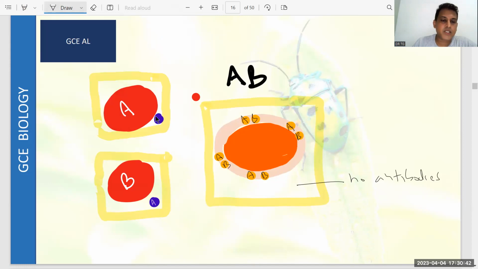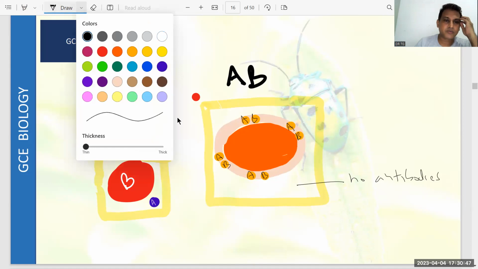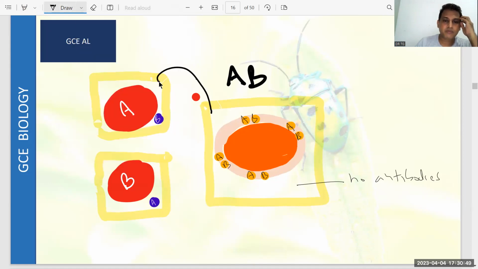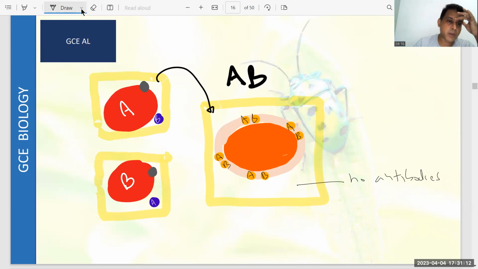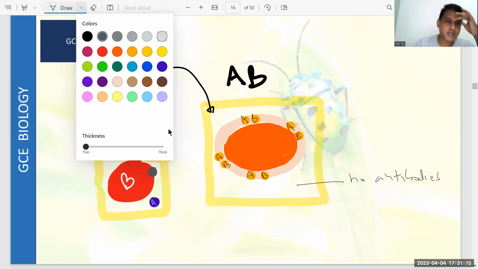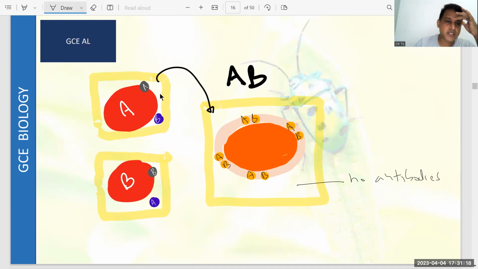This is A antibody, this is B antibody. Now, if this blood comes to AB, there are no antibodies in AB to recognize A antigen. That means this is B antigen, this is A antigen. This is B antigen, this is A antigen.